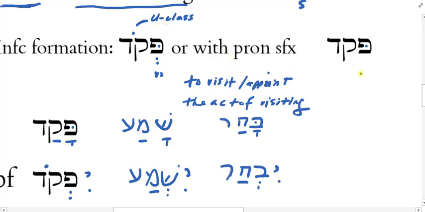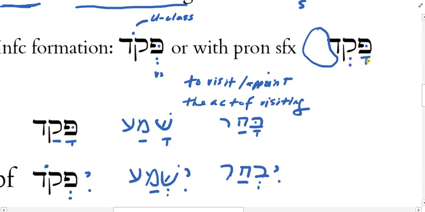What's going to happen is when I want to add pronominal suffixes to my third root letter to say my act of appointing, his act of visiting, I can add pronominal suffixes to indicate whose action we're talking about. Then I'm going to see this vowel pattern.